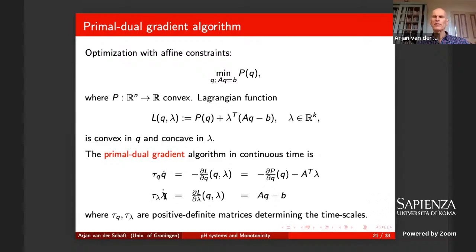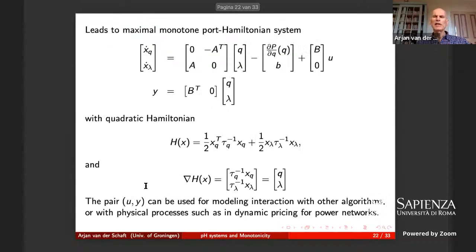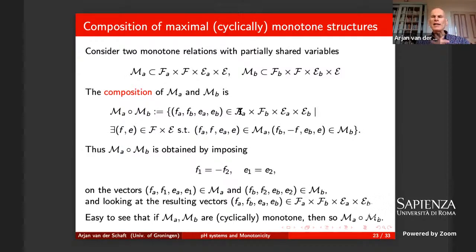The Hamiltonian involves this XQ, but also X lambda, which is instead a dual vector to the Lagrange multipliers. So you see that these examples stem from physical system modeling as well as from convex optimization.